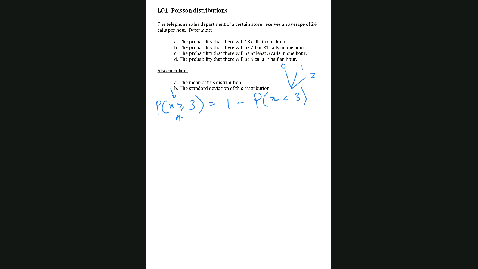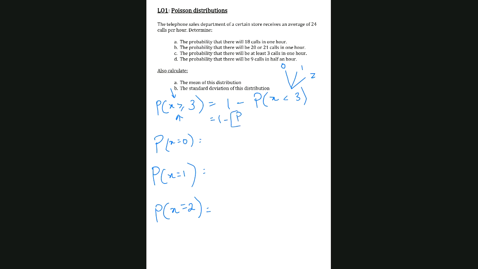So now we're going to do 3 calculations, substituting 0 for x first, substituting 1 for x, and then substituting 2 for x. We'll add these up, and then we'll say 1 minus the probability of that.